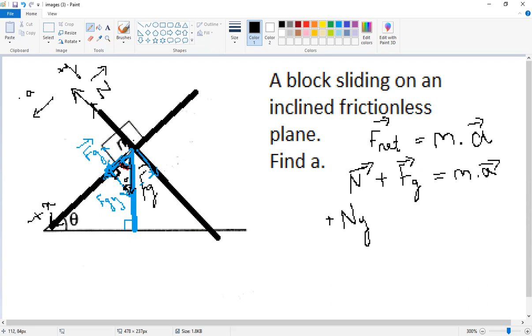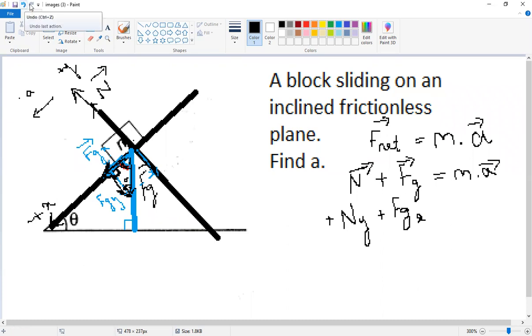Fgx is in this direction, so it's in the positive x direction, right? Plus Fgx. And Fgy, as you can see, is along this direction. This is Fgy.